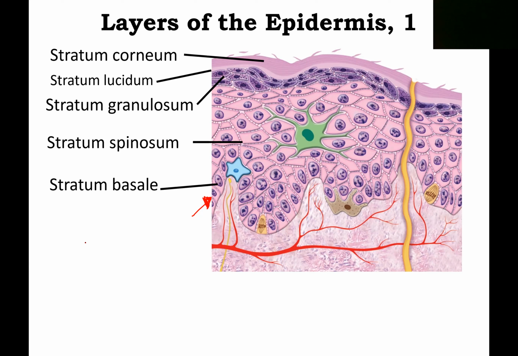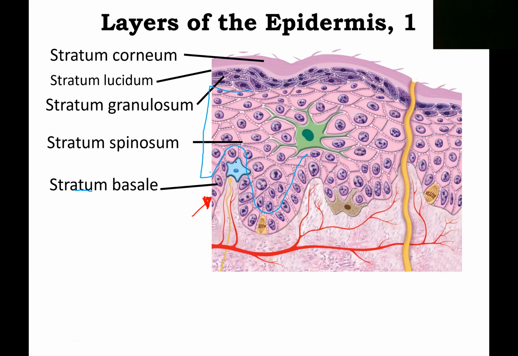Stratum spinosum is the thickest layer, more superficial than the stratum basale or basal.